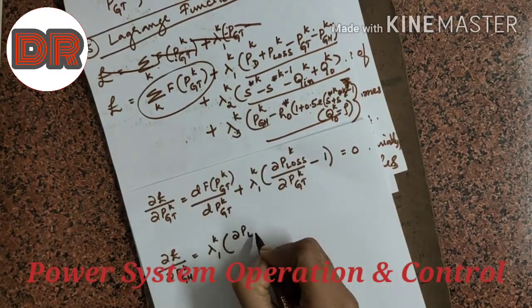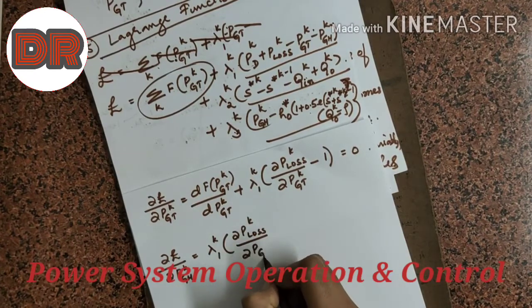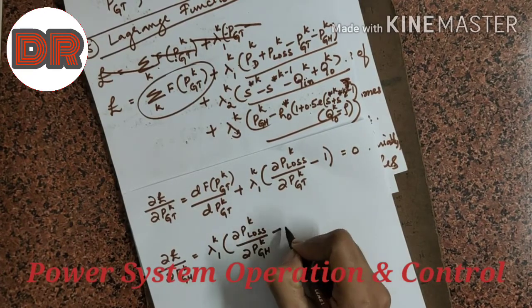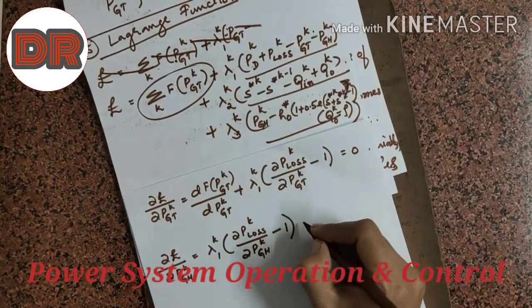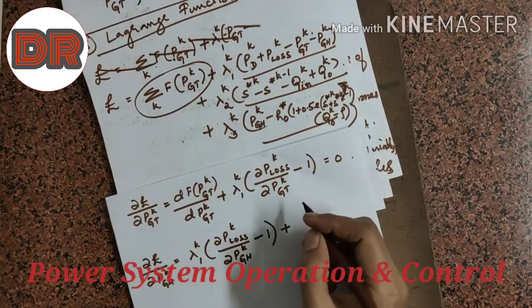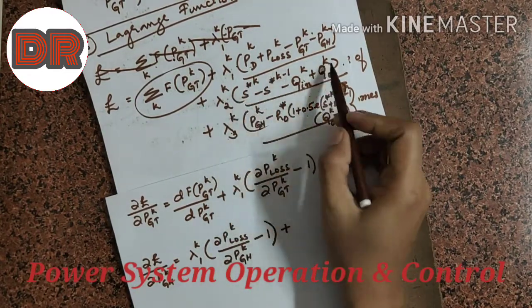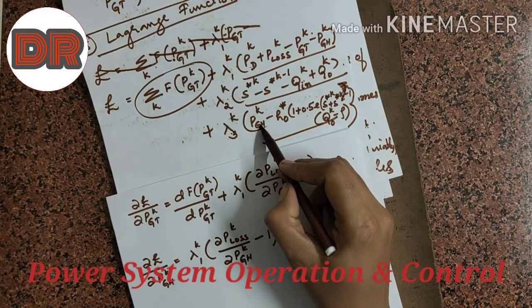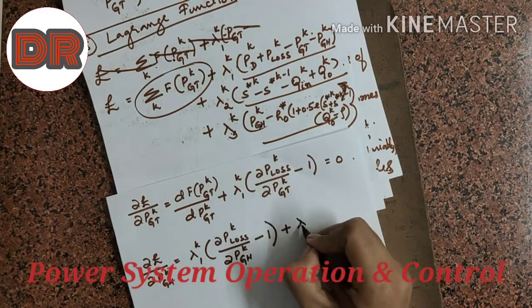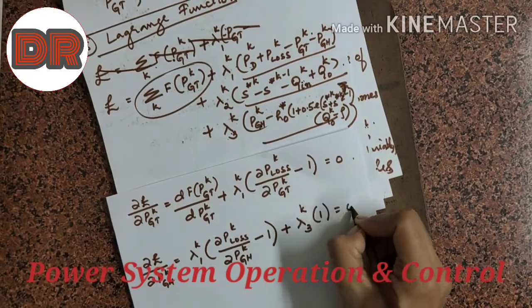So P loss K with respect to PGHK minus 1 due to this term PGH plus, the last term is anyways not dependent on PGH. So there is one term over here, lambda 3K into 1 is equal to 0.